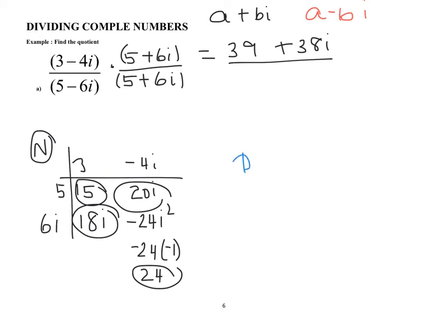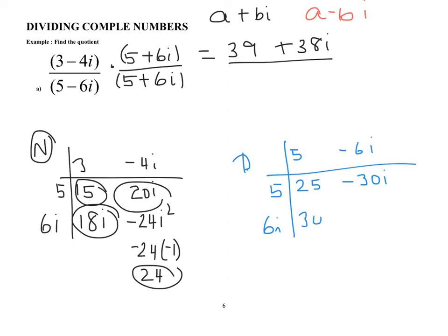Okay, now let's do the denominator here. To do the denominator, we have 5 minus 6i, and then we have 5 and 6i. So what do we get? 25. We get negative 30i. So this is 30i, and this is 36 minus i squared, and this is going to be 36 because i squared is negative 1.